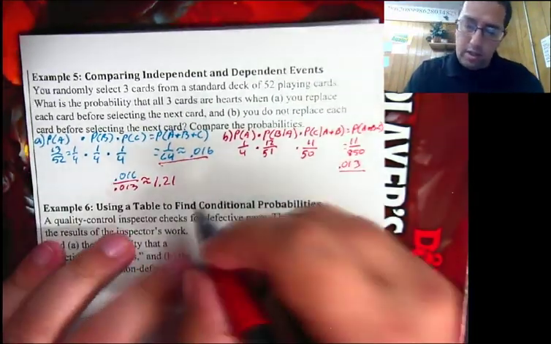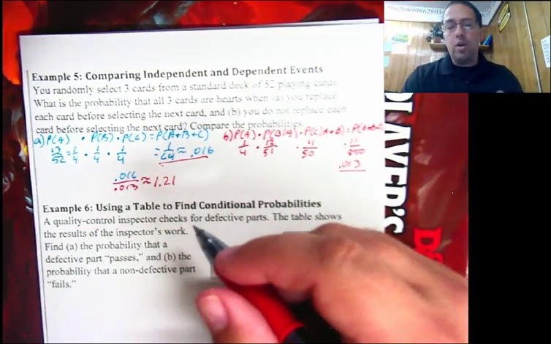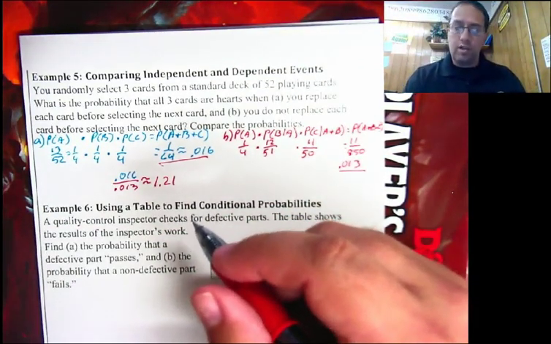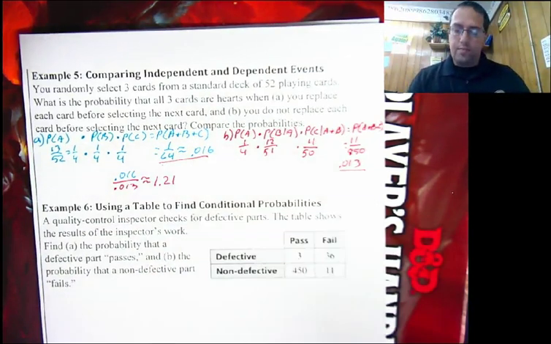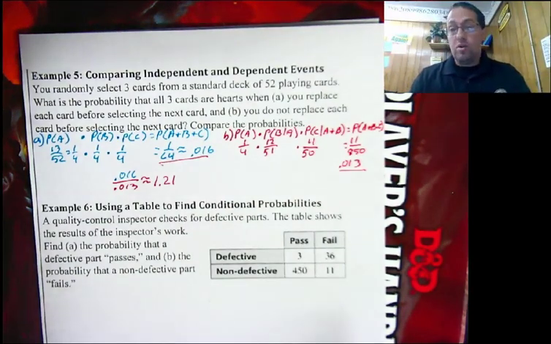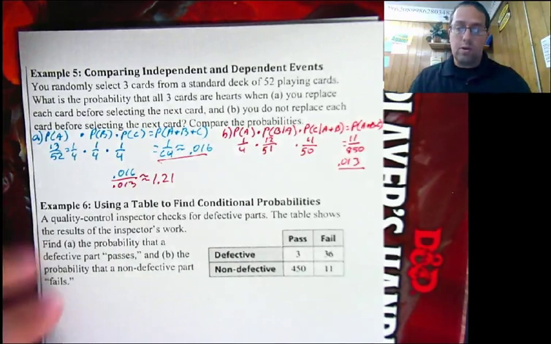So what that means is we are 1.21 times more likely to get 3 hearts if we put the cards back every time. All right. Which makes sense because then there's more cards, more hearts in the deck for those second 2 pulls. Okay. All right.